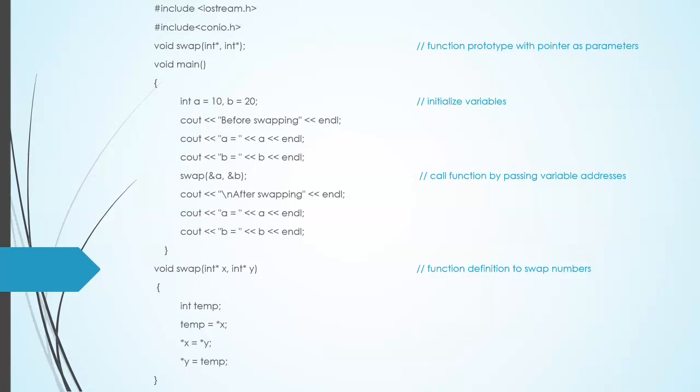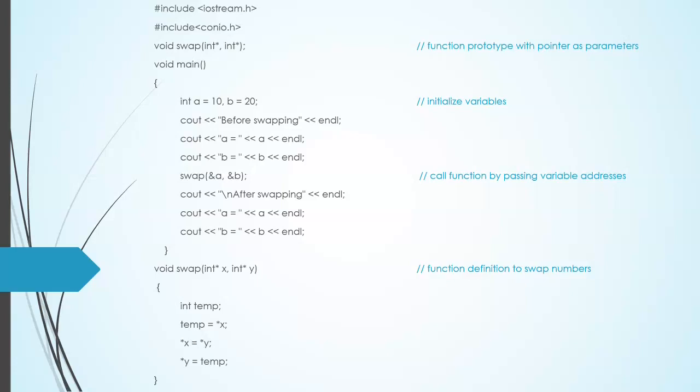Now next, *Y value will be transferred to *X. Y is having the address of B, so the value at address B is 20, so 20 will be transferred to X. Next, temp value will be transferred to Y, so Y value will be 10.